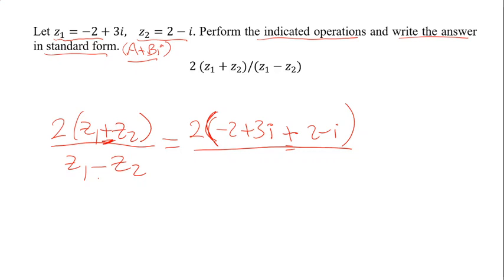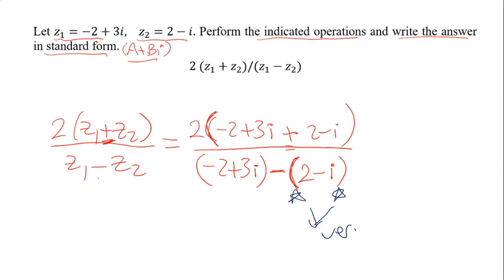So Z1 is -2 plus 3I. You don't have to put the parentheses, but it's better you do. But for this one, it's very important: 2 minus I. If you don't use the parentheses here, most likely you will get a wrong result.